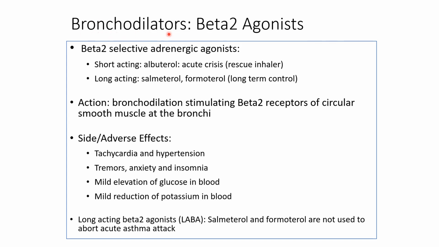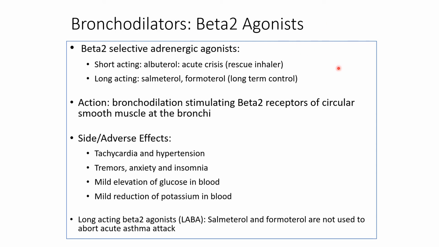Of all the bronchodilators, one of the most commonly used are the beta-2 agonists. Remember that the epinephrine that we produce in the body works in alpha and beta receptors. The beta receptors are beta-1 in the heart, increasing the heart rate, beta-2 in the bronchi, dilating the bronchi, which is what you need to have when you have a fight or flight reaction.